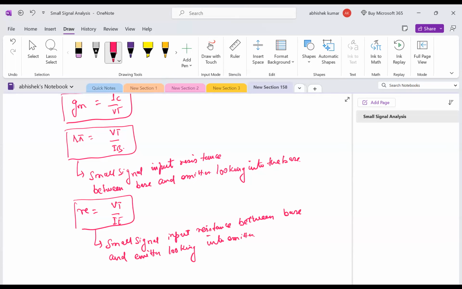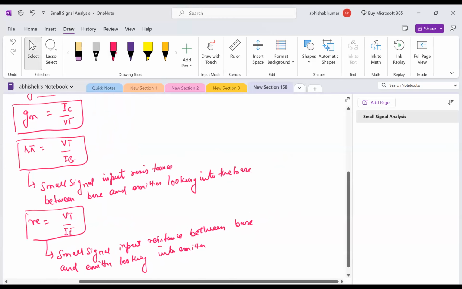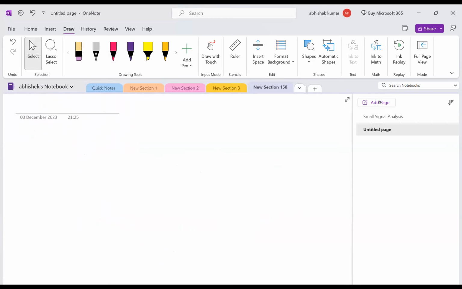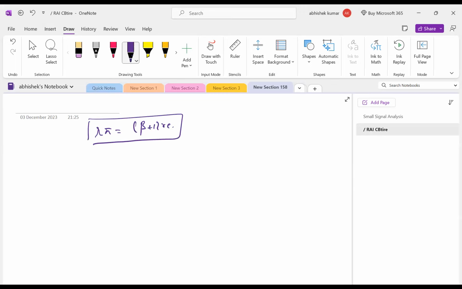Apart from that, I am giving their relationships also. R pi is beta plus 1 into RE, and we also have the relationship R pi equal to beta by GM. These are the relations.